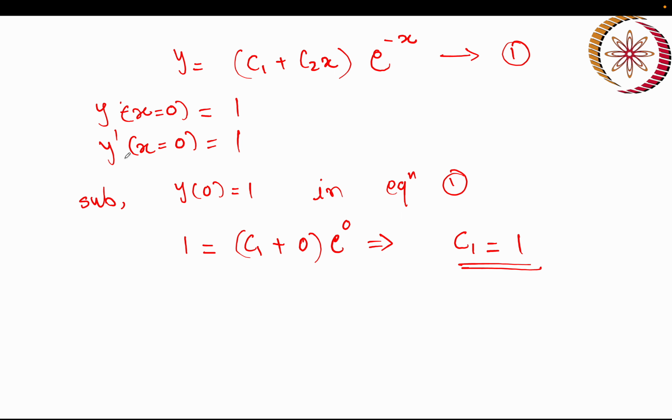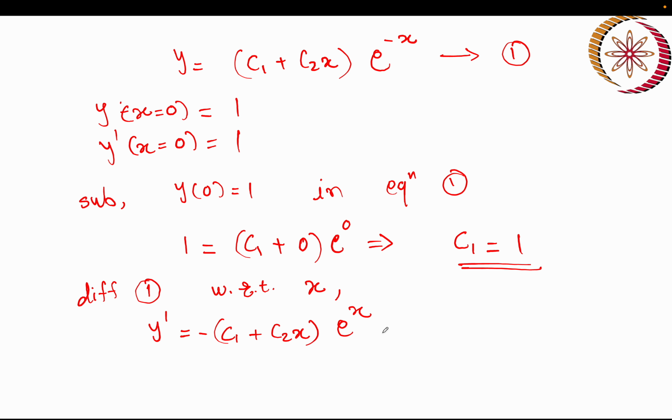Now we will take the derivative of equation 1. So differentiating 1 with respect to x, what we'll get is y prime is equal to (c1 plus c2 x) times minus e raised to minus x, plus we'll differentiate the terms in the bracket, which will be c2 e raised to minus x.